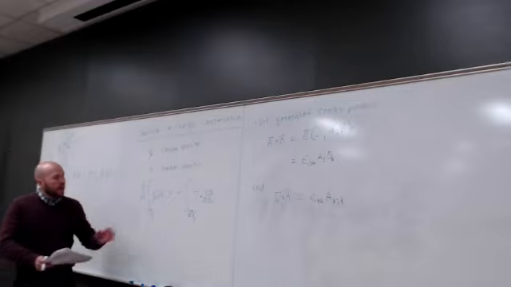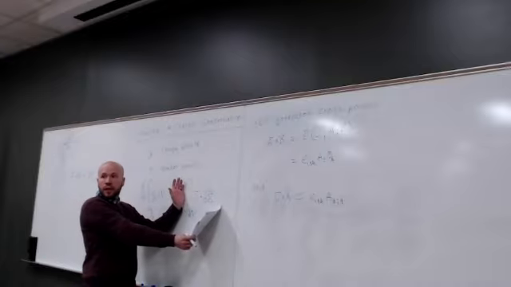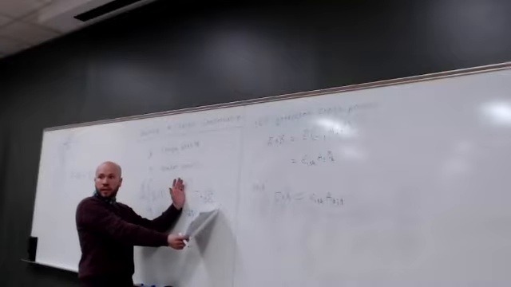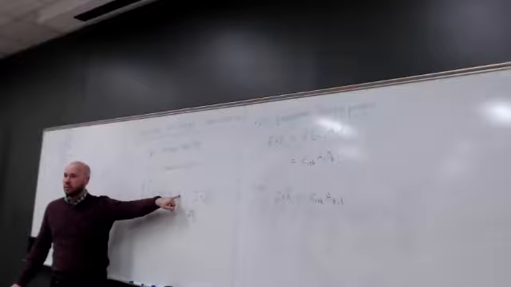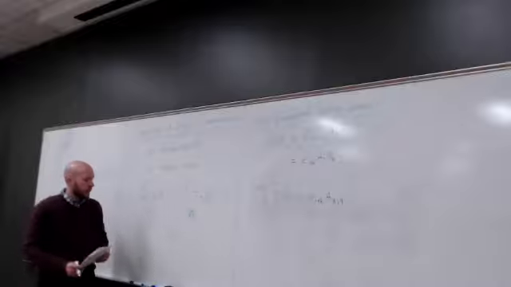All right? And if I get a positive value for this, meaning that charge is flowing out of that surface, the total amount of charge in my volume is decreasing. Easy peasy, right? You can just intuit that.